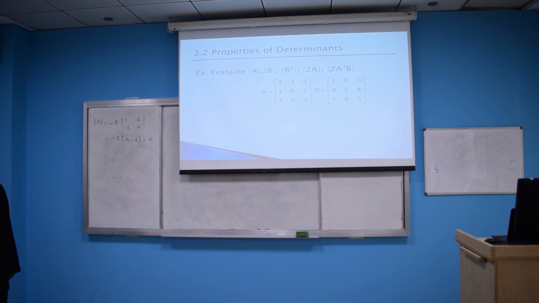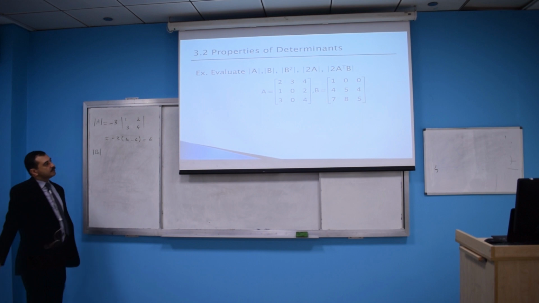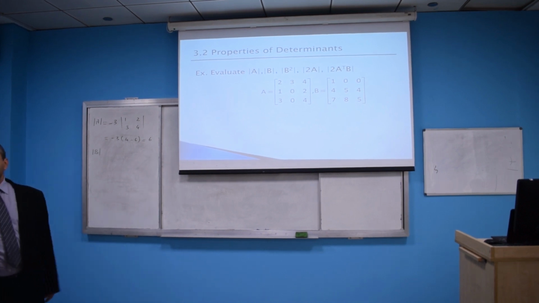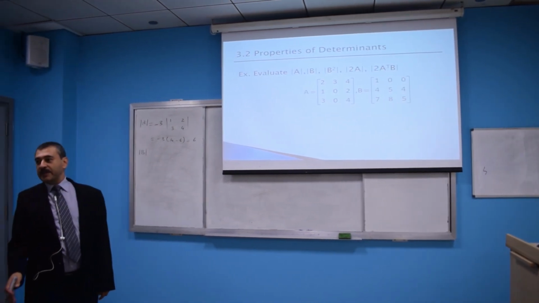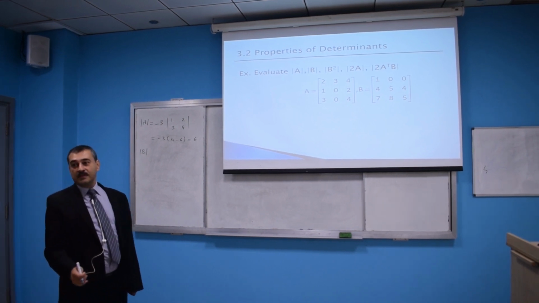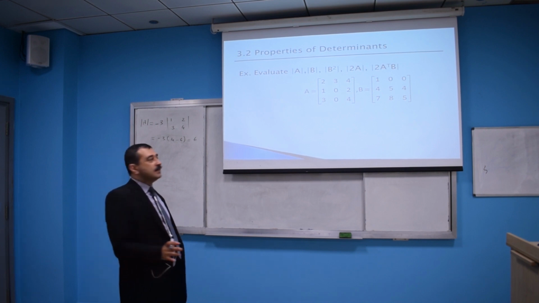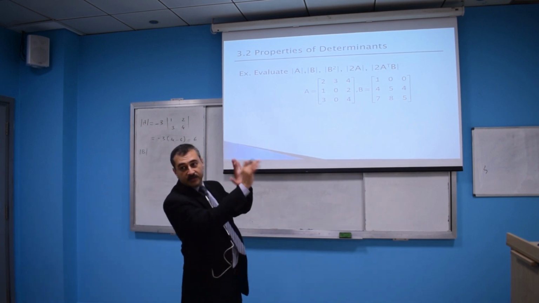What about B, determinant of B? Is it 1 by 5 by 5? This is not a triangular matrix, right? It's 1 by the minor.